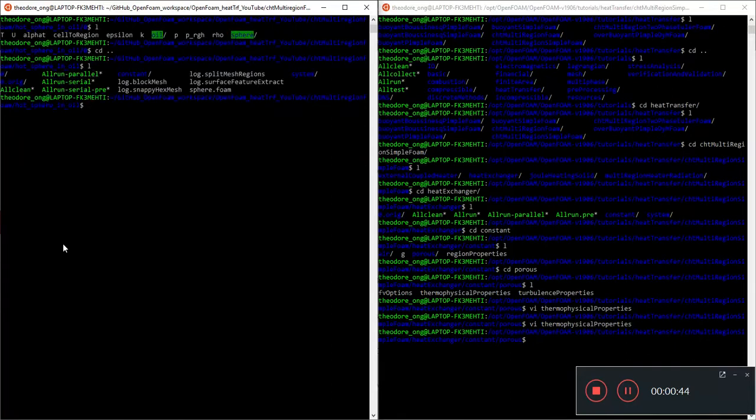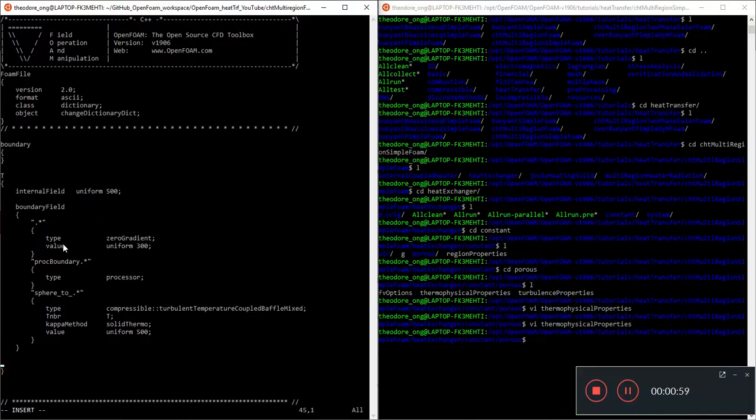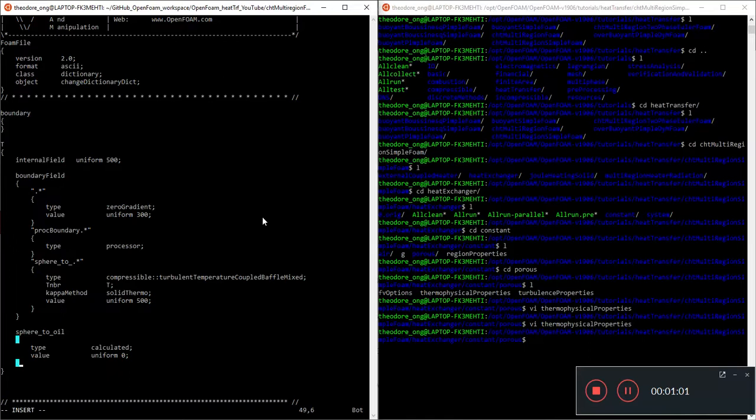So you know how this change dictionary actually works, let's go to sphere, changeDictionaryDict, and I'm just going to paste it down here. Sphere to oil, and uniform should be 1 times 10 to the 5, 1e5. Okay, that should satisfy it.